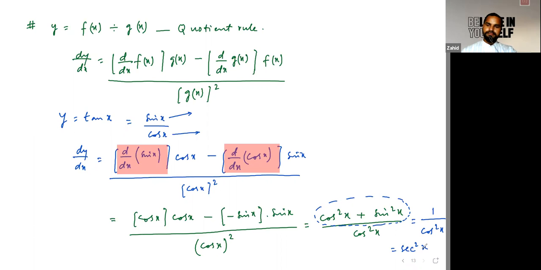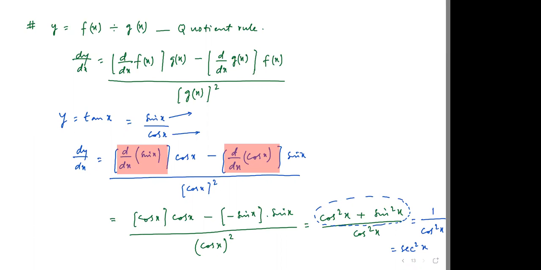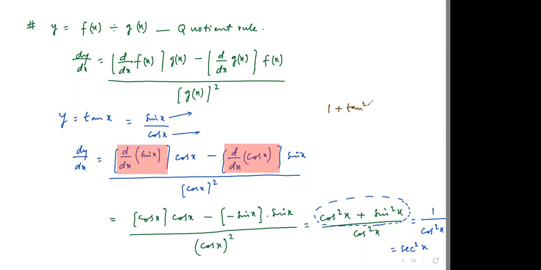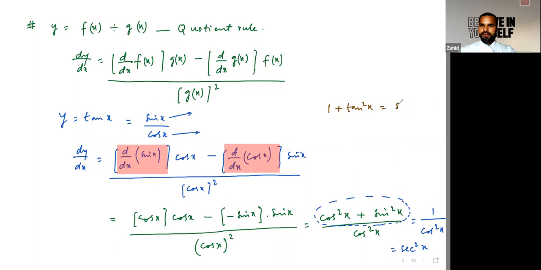Is it clear? Yes. Ifra, you may reduce your answer to this part as well. Okay, sir. Your answer was 1 plus tan square x, which may be written like this.